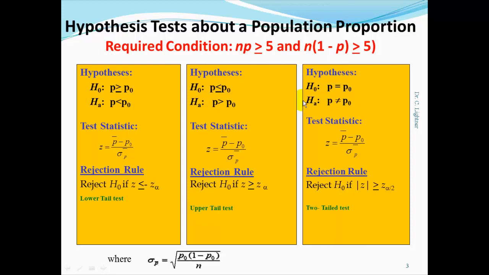Our hypotheses are the same as listed on the previous slide. Our test statistic is the z-score for our p-bar value, and our rejection rules have a similar structure to the rejection rules listed in our hypotheses about means section.